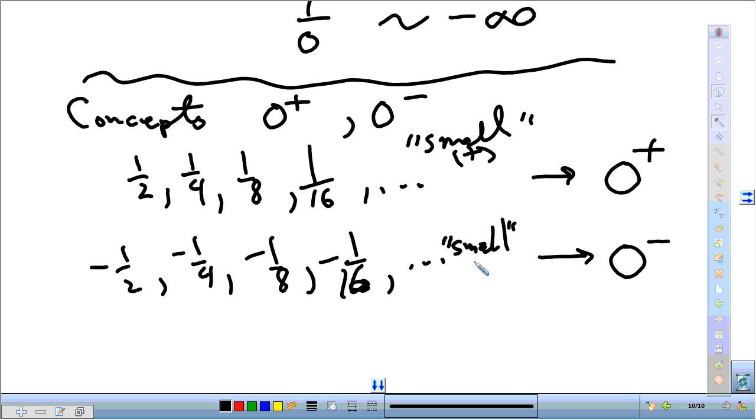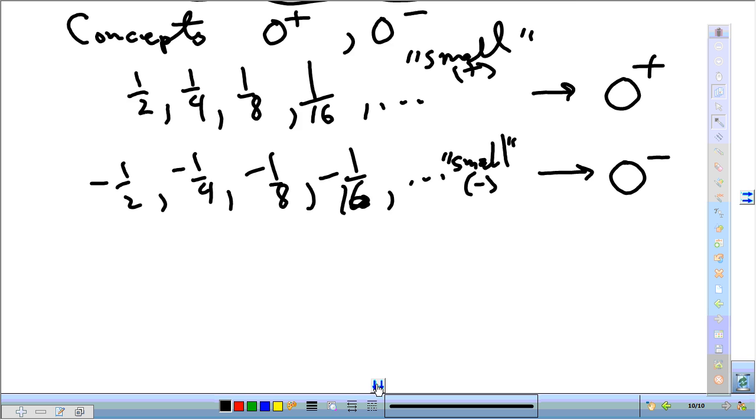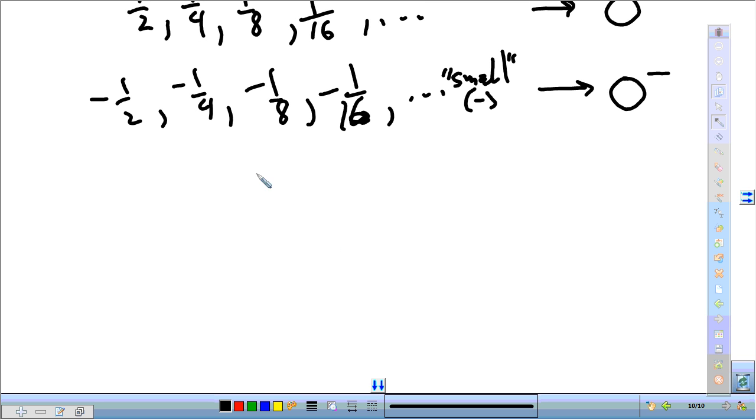So, although it's zero at the end in both cases, I'm going to make a difference in how we're becoming small, positive or negative. And then conceptually I can write the reciprocal of zero, if I keep it positive, is plus infinity.